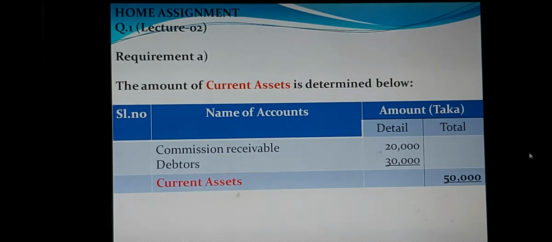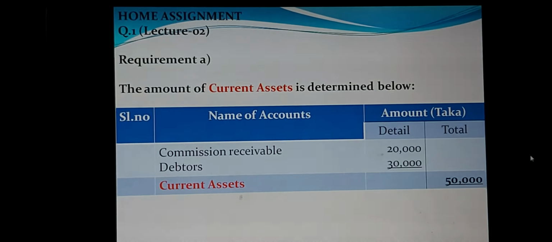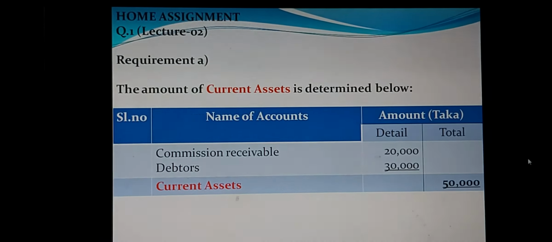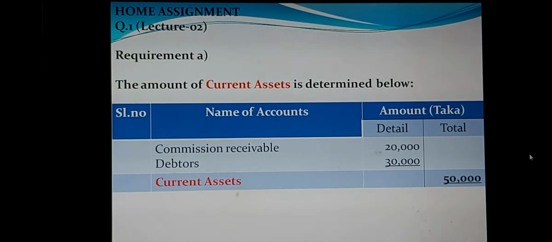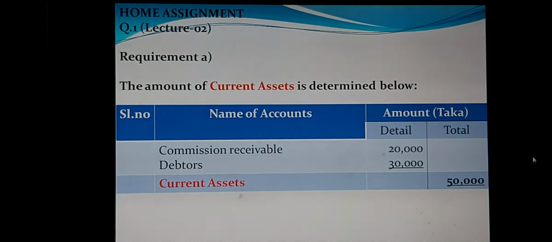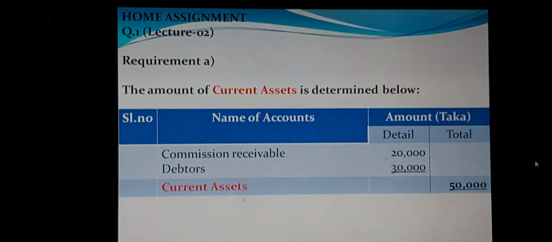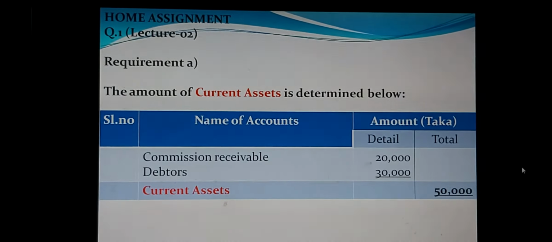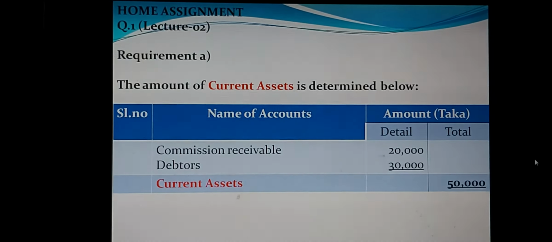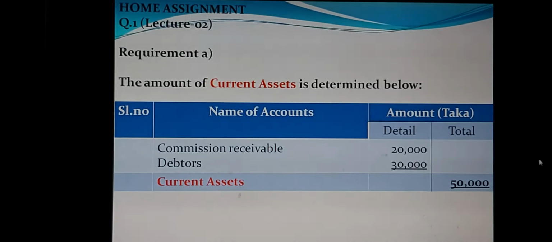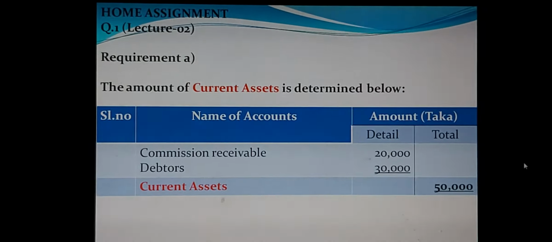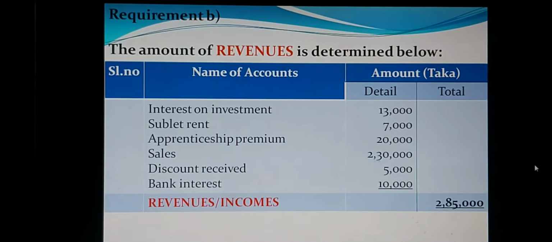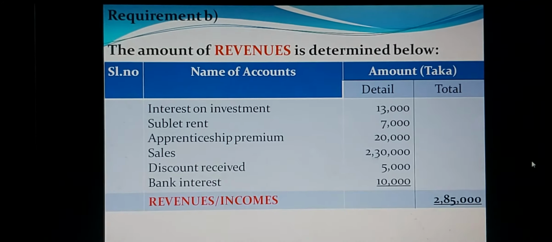Debtors, so it is one kind of asset, and that is the current assets. So in this question, total amount of current assets is 50,000. I think this answer is matched with your solution copy. Now you can go to the requirement B.